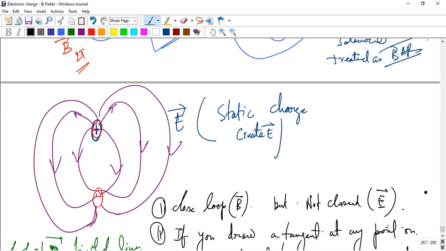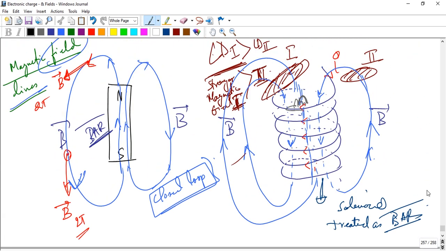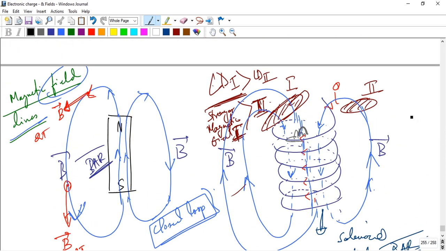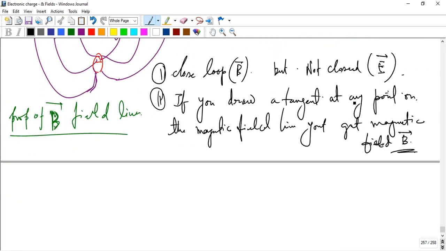Now there's another important point: the stronger magnetic field and weaker magnetic field we discuss here. In the stronger magnetic field, the number of field lines per region is greater than the number of field lines in a smaller region. Less number of magnetic field lines cross the same region.